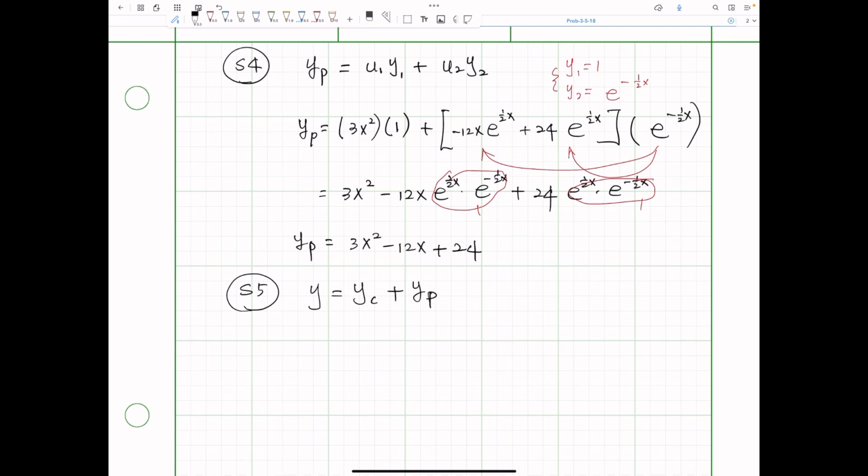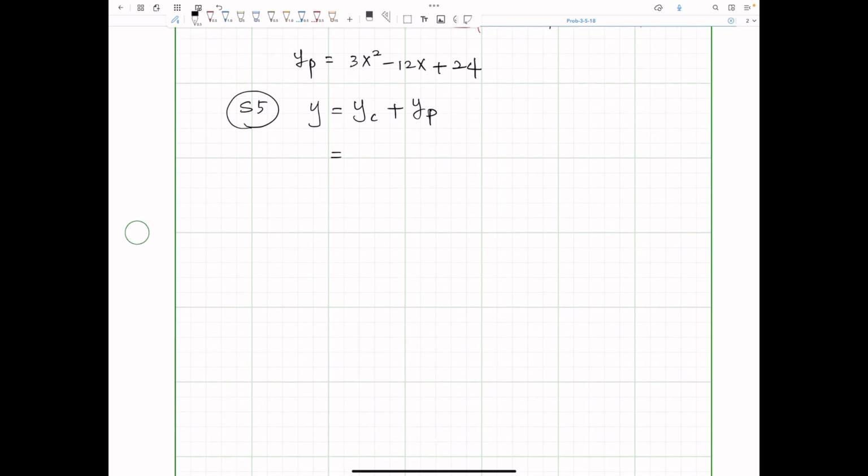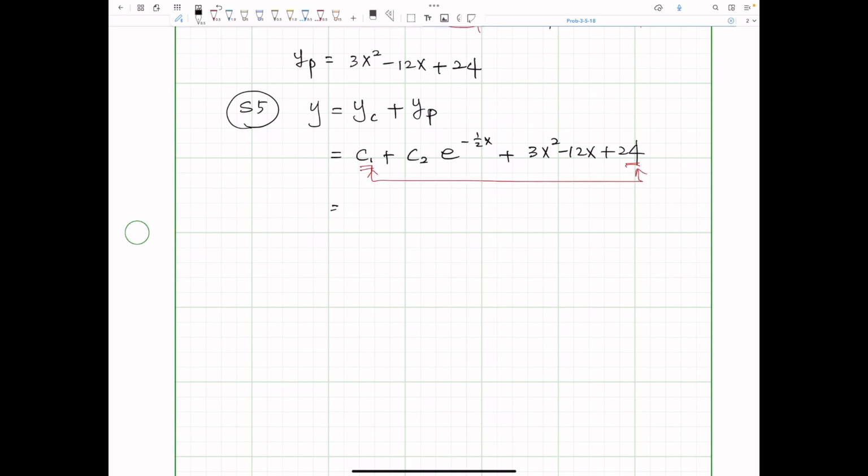We have yc as c1 plus c2 e to the negative 1 over 2x, plus yp, 3x squared minus 12x plus 24. Now we have two constant terms. We can combine these two. That is, I'm going to let c3 plus c2 e to the negative 1 over 2x plus 3x squared minus 12x.